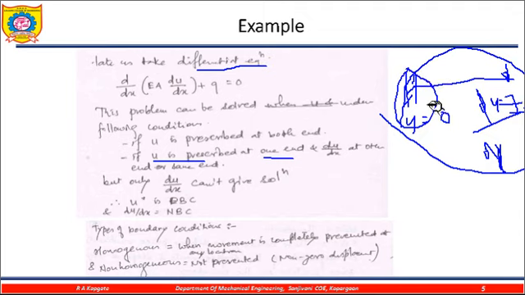If it is not fixed, it is varying, so ultimately this value cannot help to give the solution. That's why this is your natural boundary condition. So du by dx is your natural boundary condition, and u is your essential boundary condition.